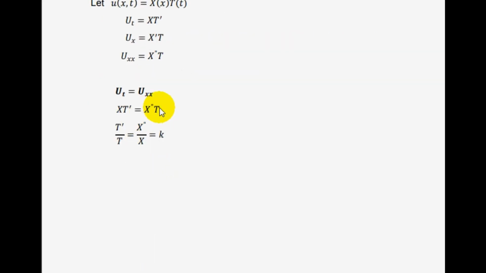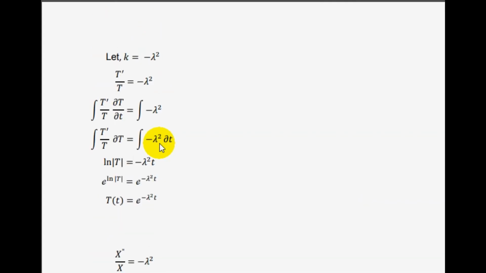Then we get this equation, and then you have to equate it to a constant. Next, let k equal negative lambda squared. After that we use separation of variables until you get T(t) equal to e to the power of negative lambda squared t.